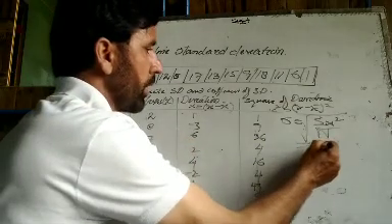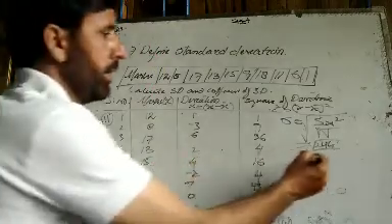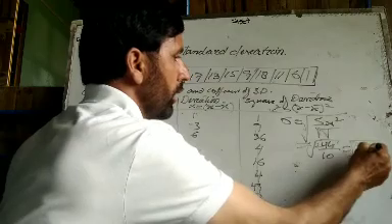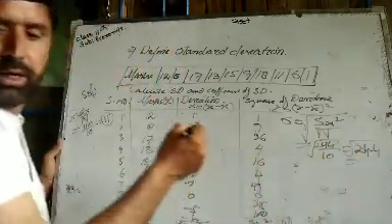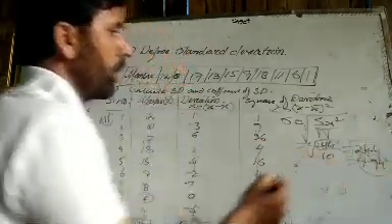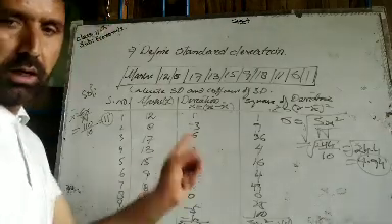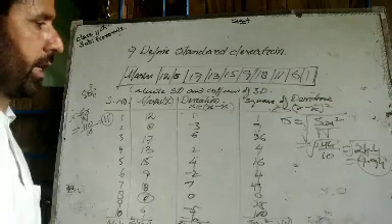The square root of 244 divided by 10 is equal to the square root of 24.4, and the square root of 24.4 is equal to 4.94. So dear students, by using the direct method, we find that the standard deviation is equal to 4.94.